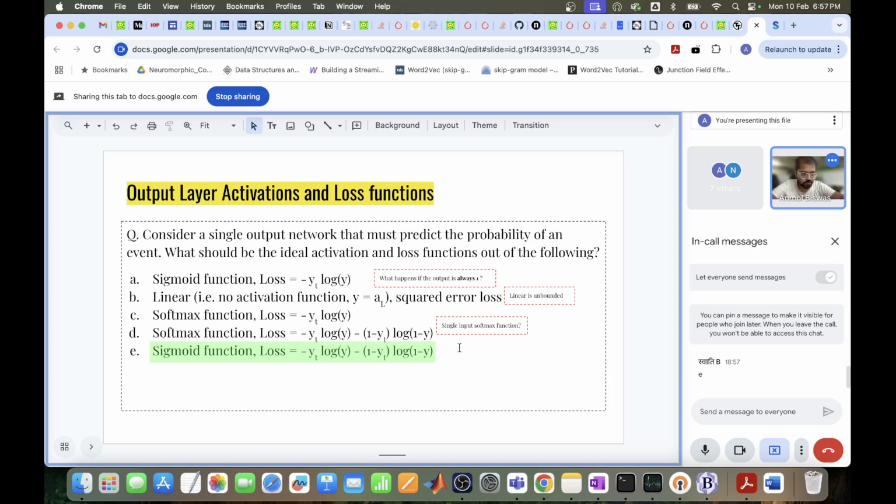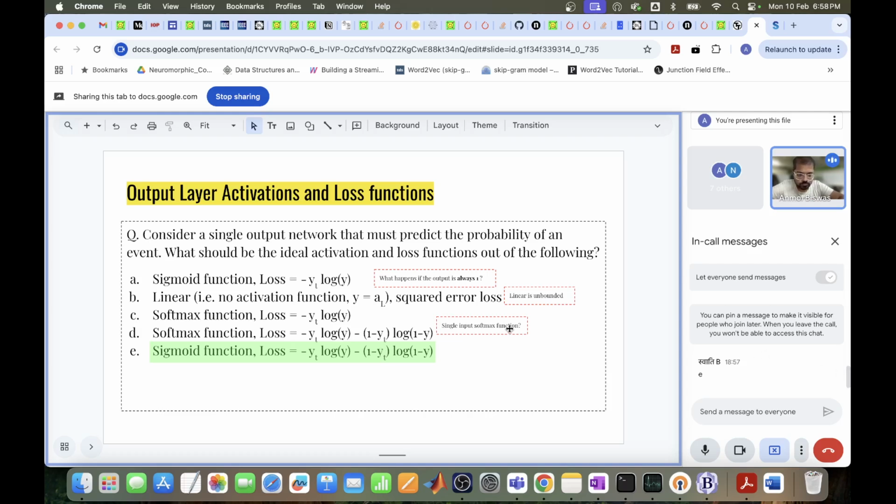But instead of being generalized to n outputs, this is specific for one single probability value that you are outputting, right? So this is the cross entropy loss, and this is a sigmoid function, which will obviously generate an output y that matches with what you require, right?